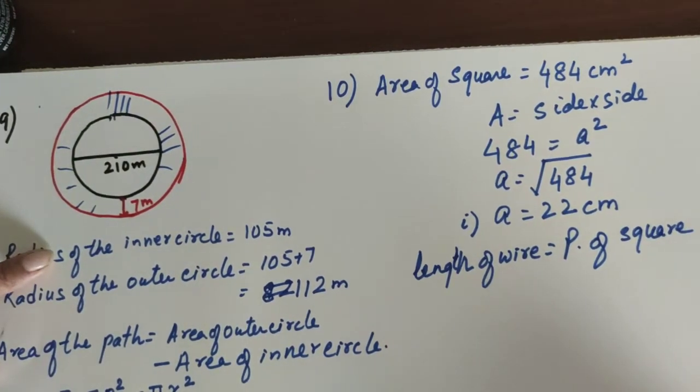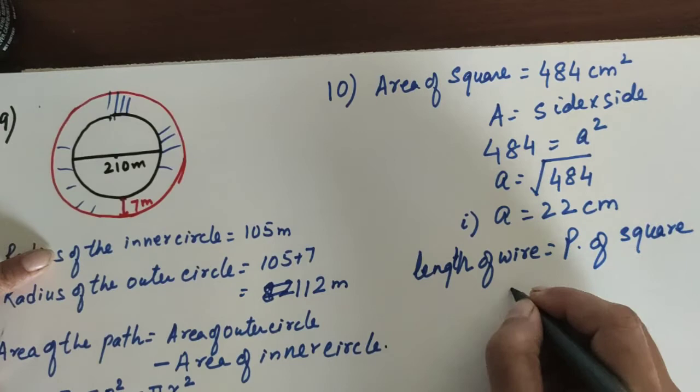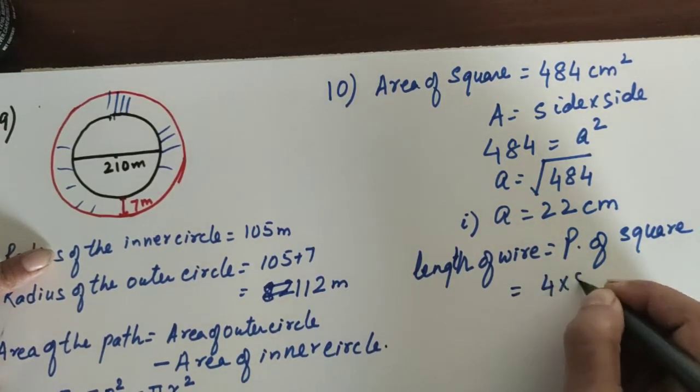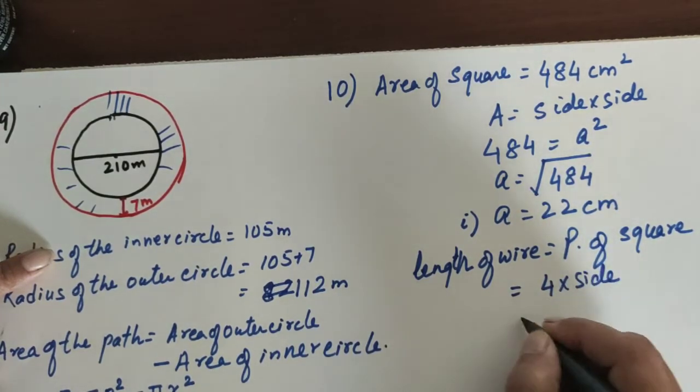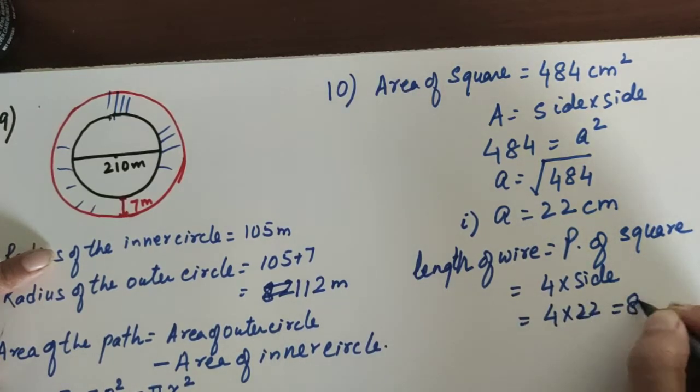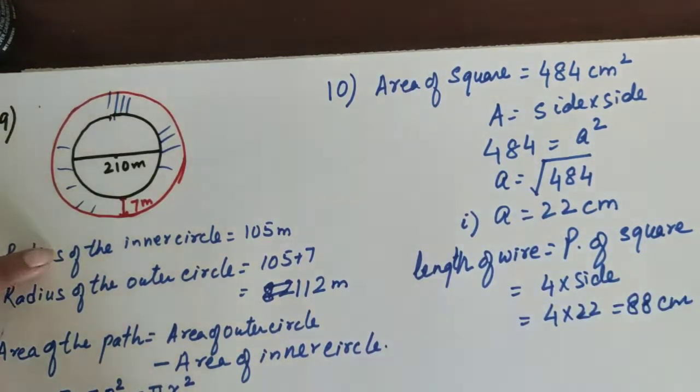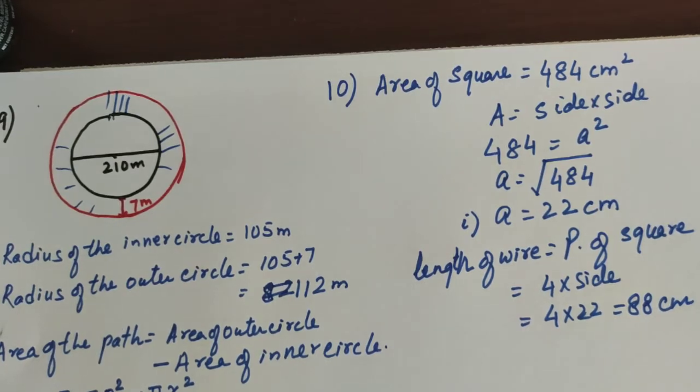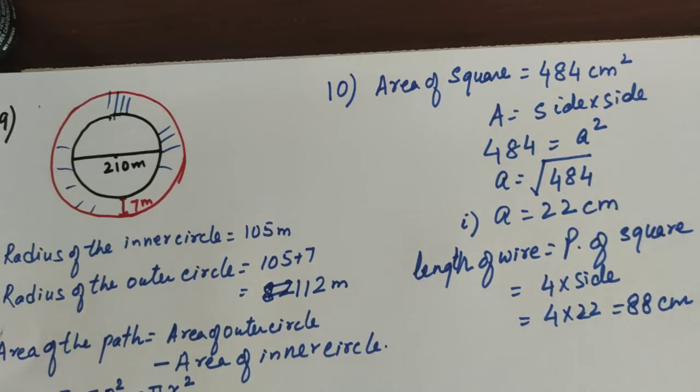The perimeter of the square is 4 into side, which is 4 into 22, which is equal to 88 centimeter. So the length of the wire is 88 centimeter. Now the next thing that you have to find, I'll check the answer of it also.